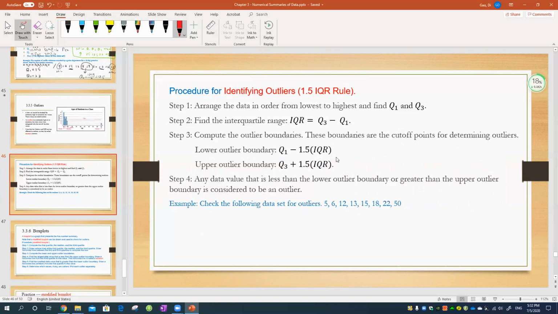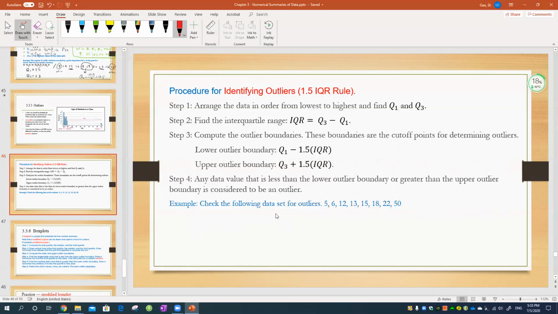We want to look at another distance of 1.5 IQR above this Q3. Then we can make a range or interval so that we can check whether any value falls greater or lower than the boundaries, or falls out of this interval. Then we consider those as outliers. So after discussing these 4 steps, we're going to look at this example.